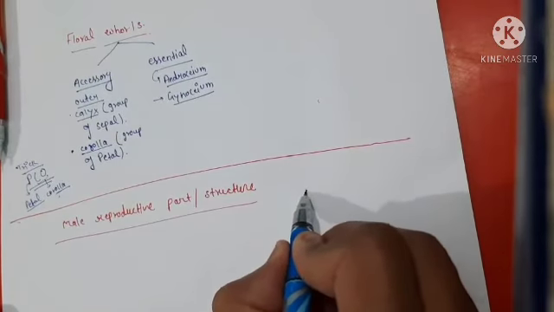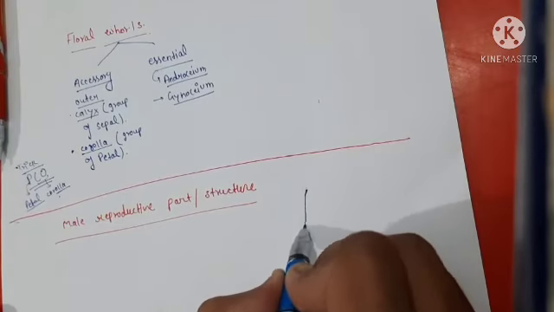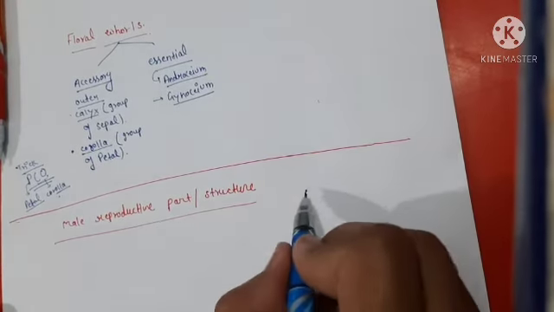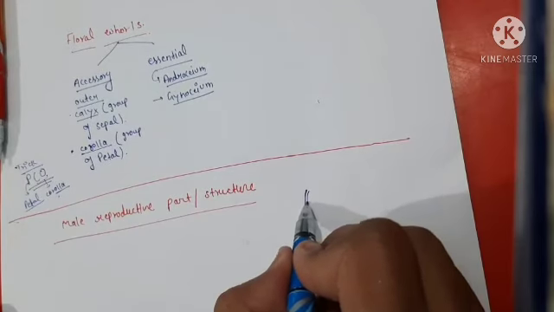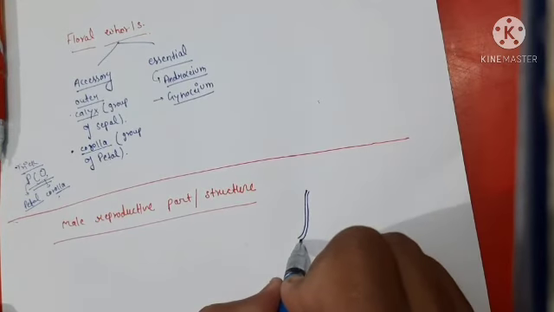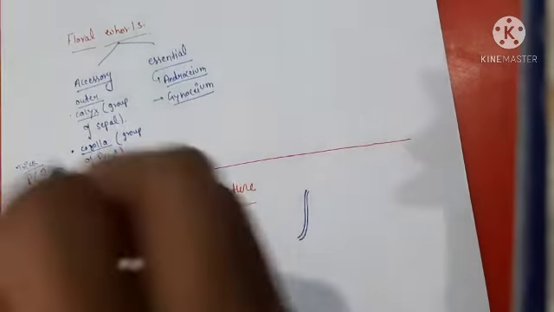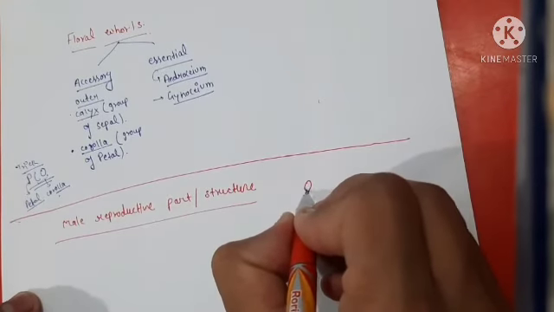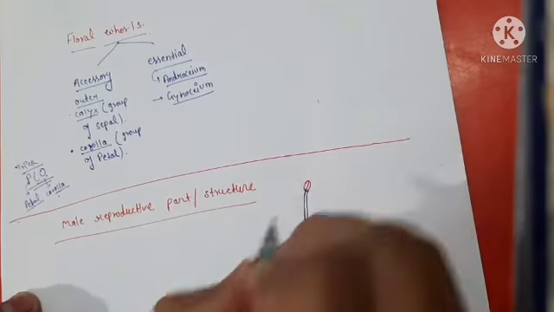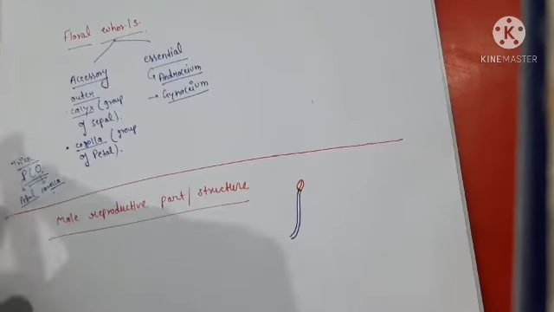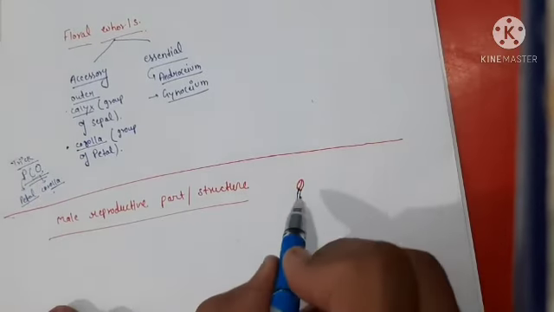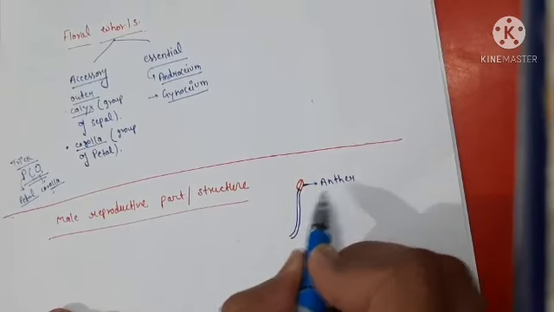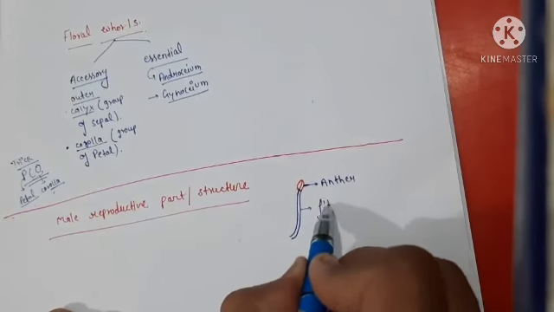So here friends, this part is called anther, this part is called filament.